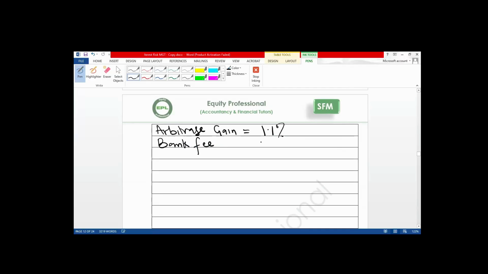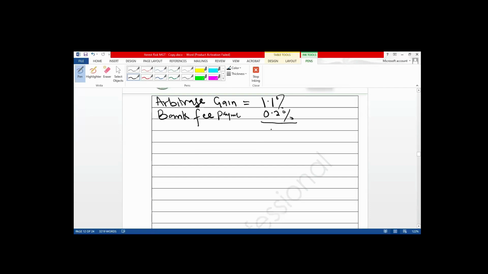Bank fee, 0.2. We are going to pay bank fee payments. The difference, you are left with 0.9%.